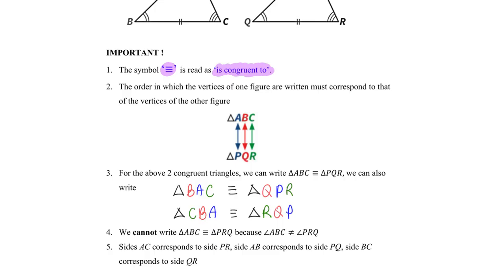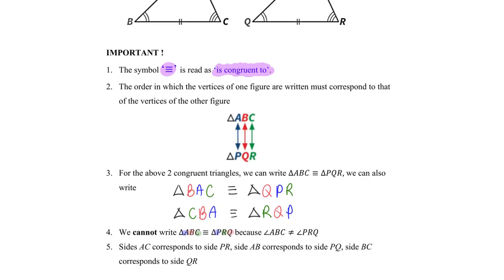So point number 4 is simply to take note that we cannot write triangle ABC, blue, red, green, is congruent to triangle PRQ, because the angle ABC is not equal to angle PRQ.